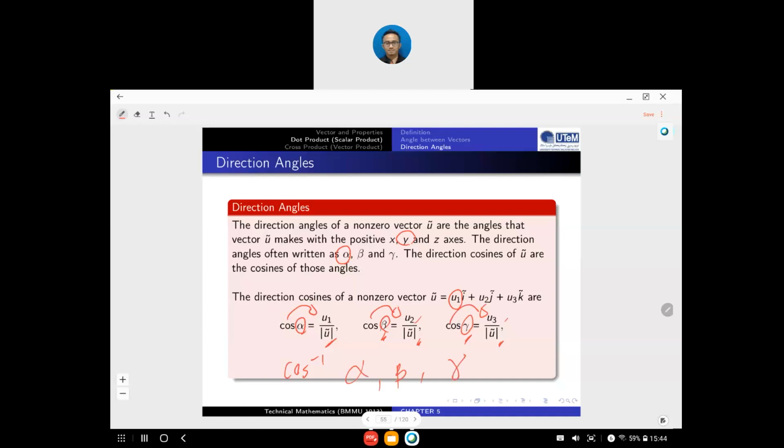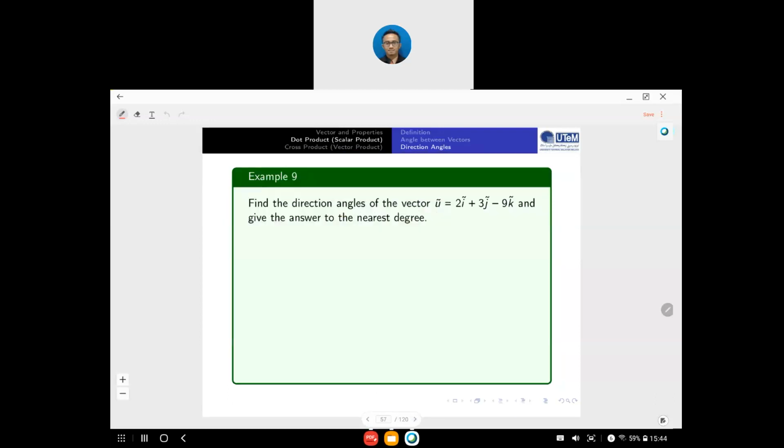Okay, look at the example. Find the direction angles of the vector u equal to 2i plus 3j minus 9k, and then give your answer to the nearest degree. The question definitely wants the nearest degree, so you have to give it in the nearest degree.